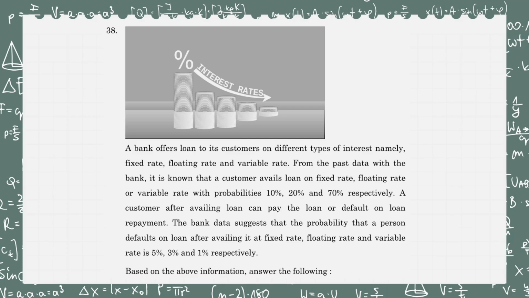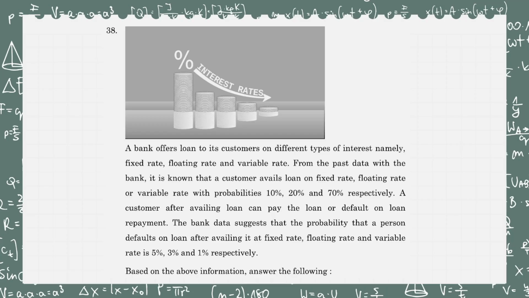A customer after availing loan can pay the loan or default on loan repayment. The bank data suggests that the probability that a person defaults on loan after availing it at fixed rate, floating rate and variable rate is 5%, 3% and 1% respectively.